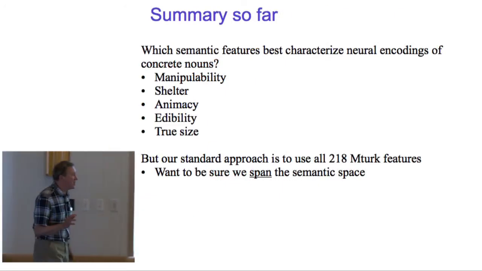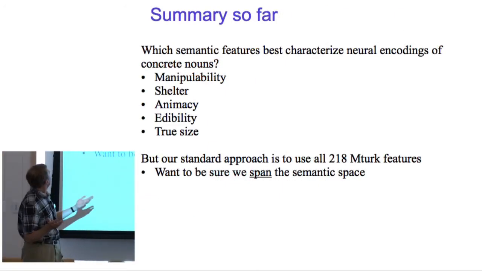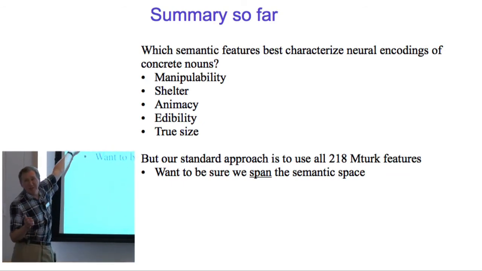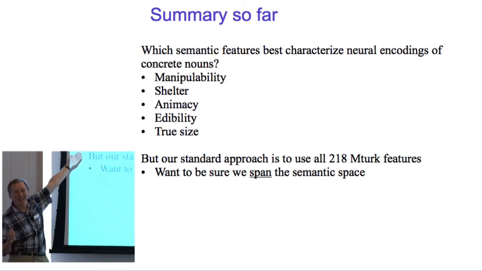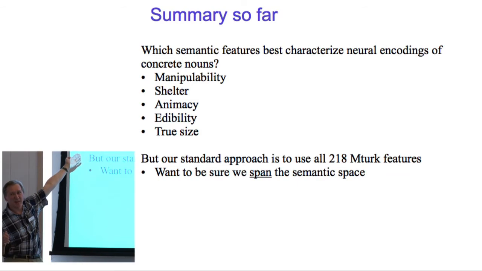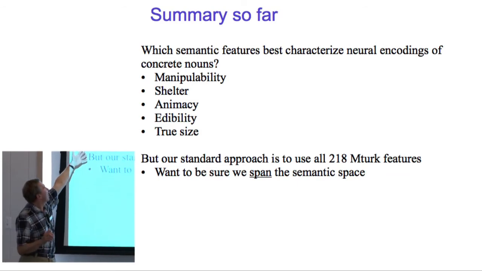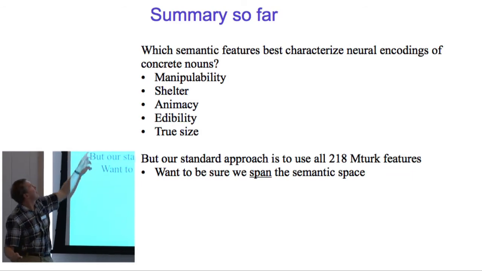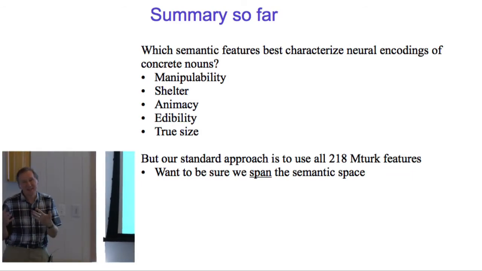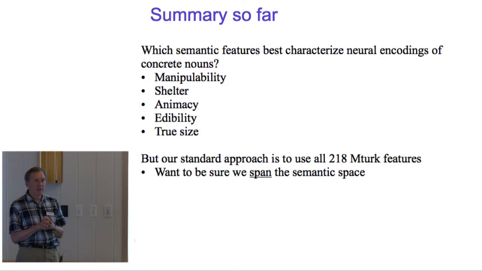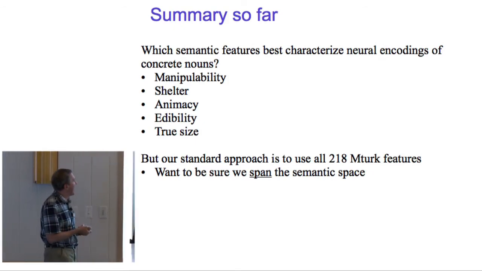Okay, so if you ask me at this point, if you could only have 5 features to use to decode word semantics, what would they be? If I had to guess, and they were concrete nouns like the ones we've been working with, I would say these 5, but I might be wrong. But based on the evidence we have, I think that's our best hypothesis.